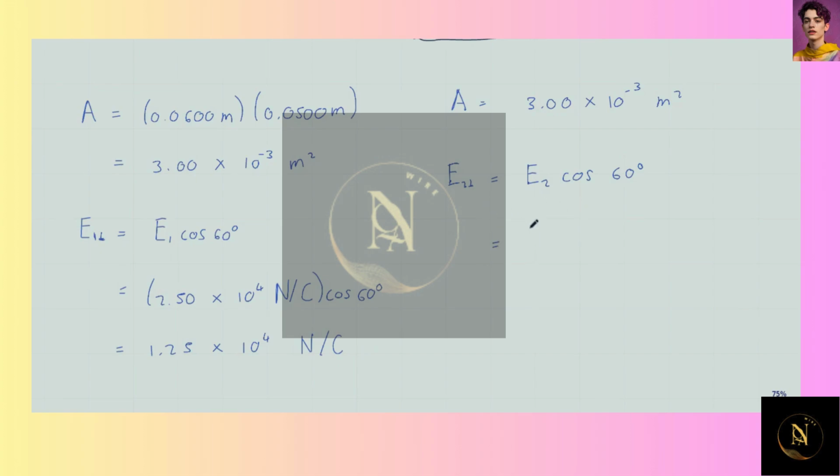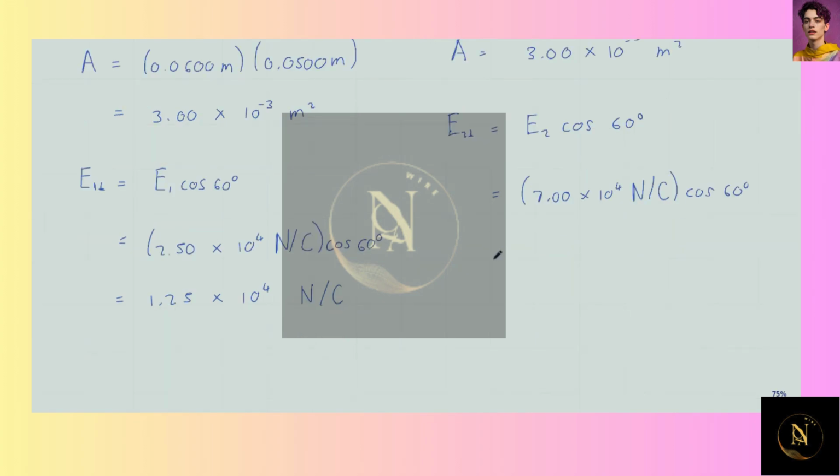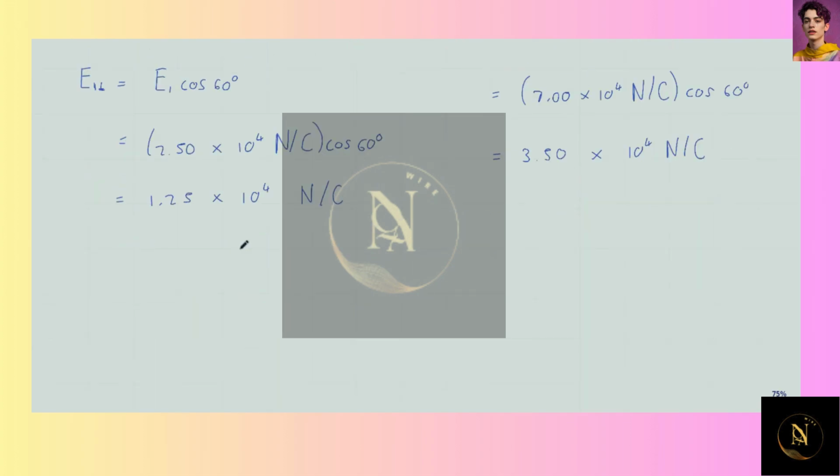And so this is equal to 7 times 10 to the 4 newtons per coulomb times the cosine of 60 degrees, which equates to 3.5 times 10 to the 4 newtons per coulomb.